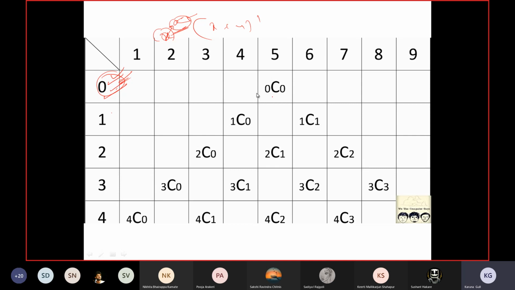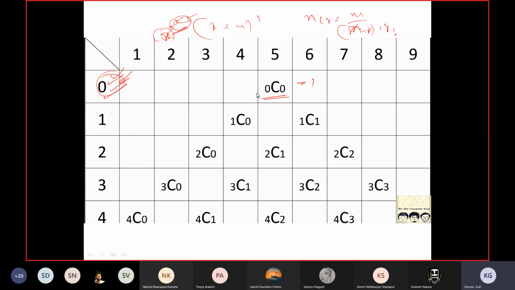Hello? Yes, ma'am. Okay, so what is the value of C0, I mean 0C0? How do you write it? nCr. Correct. Is it 1? Yes, ma'am. It is n factorial divided by (n minus r) factorial times r factorial. So this is 0 factorial, and 0 factorial is always 1.